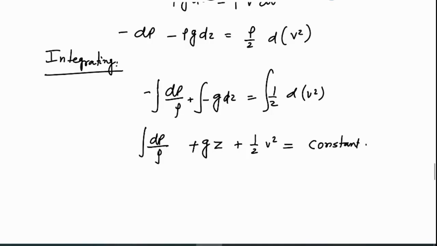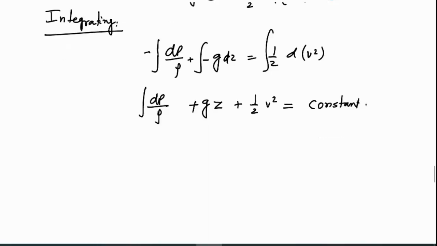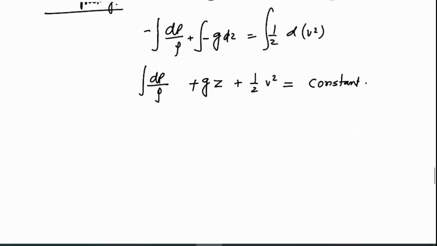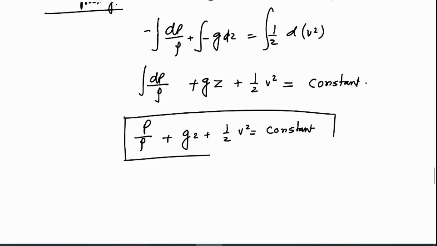So along a streamline, you will have this term constant, and when rho is constant, you can simply write p by rho plus g z plus half v square equals constant. So this is your Bernoulli's equation, and we have derived this considering the equilibrium along the direction of the streamline.